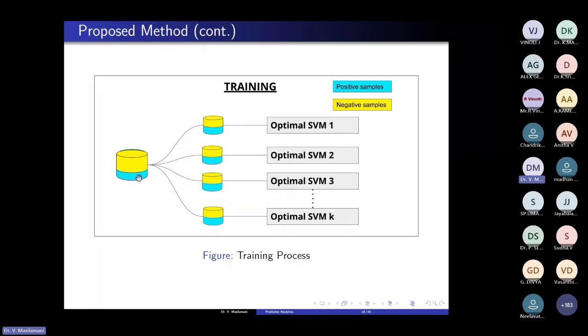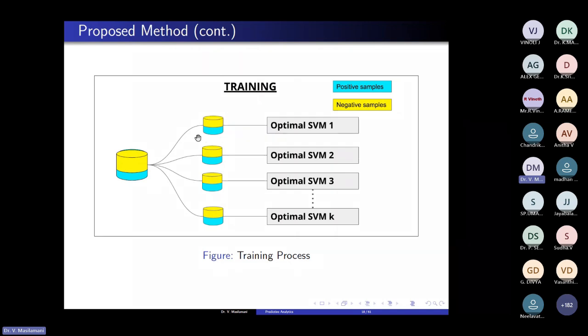So what we did is that we took this blue portion, kept it here in a new data set, and that much from this yellow we cut it and put it here. Then the same blue is coming here, and the next yellow portion is cut and put here. So like that we framed many data sets like this, where each data set is balanced.